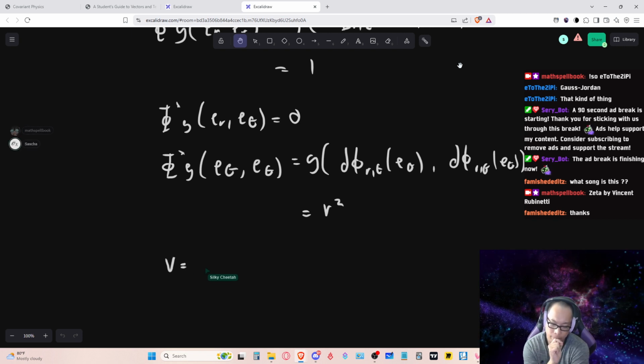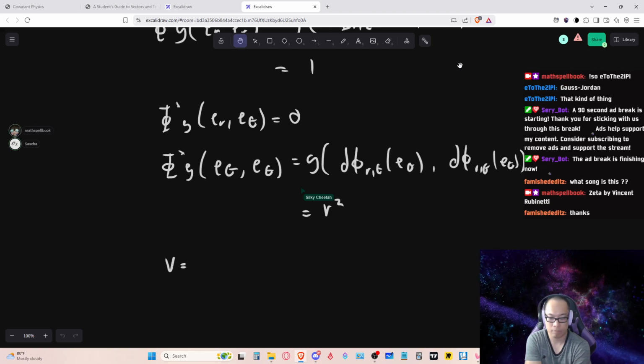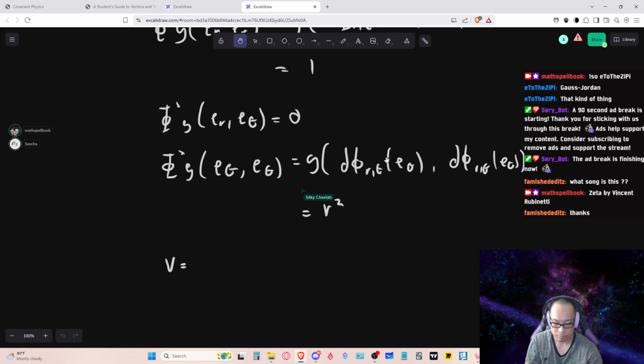If you're not familiar with scalar products, you probably don't know this, but like a linear transformation, if you know what happens to a basis, you know everything.